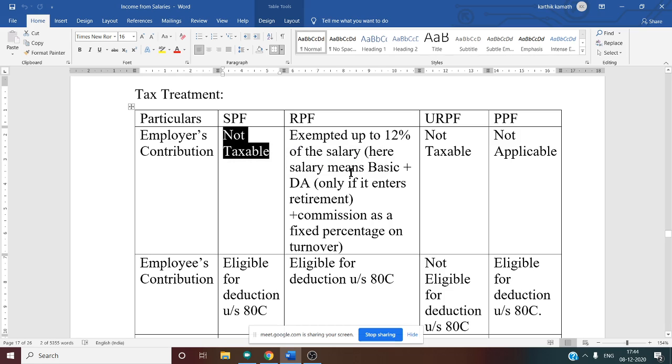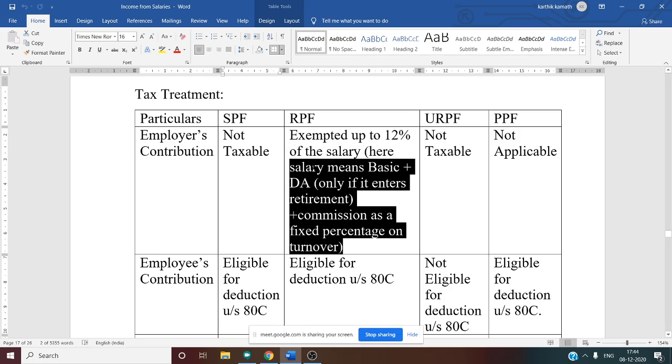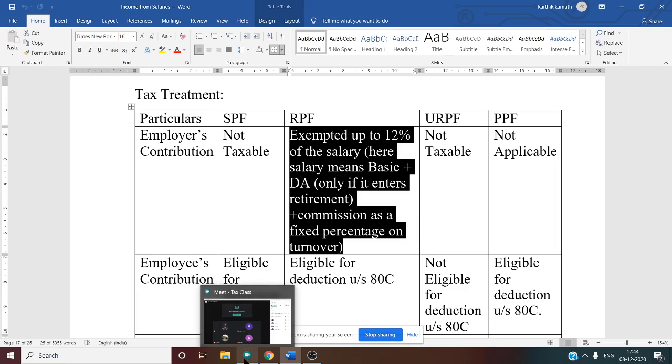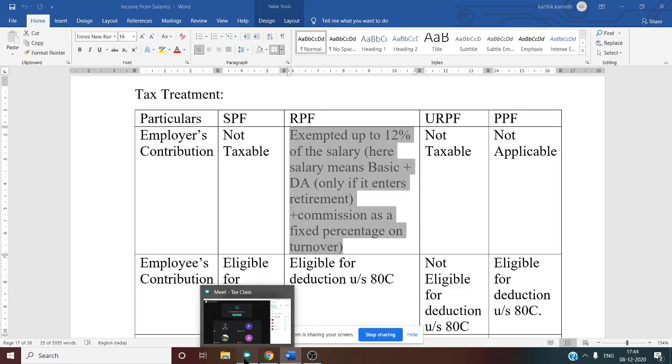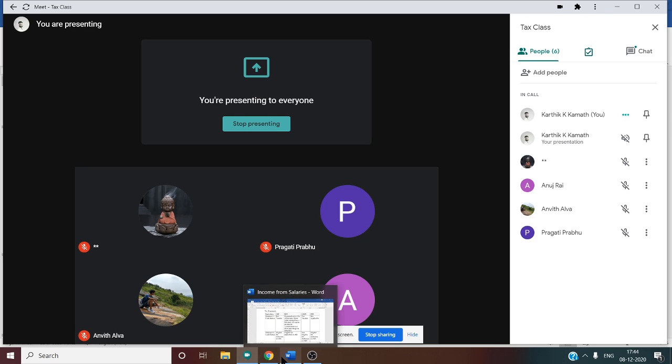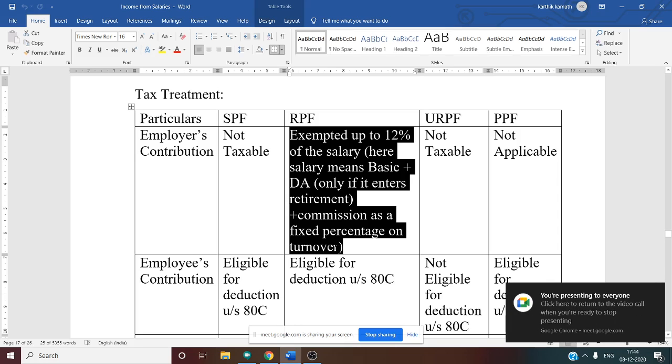Employer's contribution to RPF: it is taxable, but there is a rule. Exempted up to 12% of the salary, and if the employer made a contribution of 13% of the salary, then 1% is taxable. This difference, 13 minus 12%, that means 1% is taxable and 12% is exempt from tax.